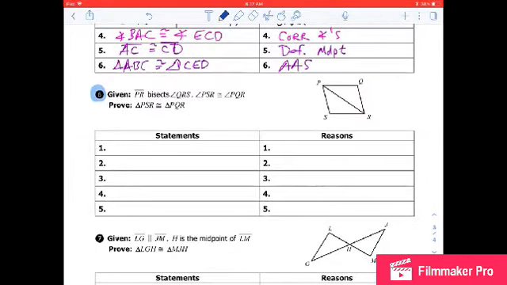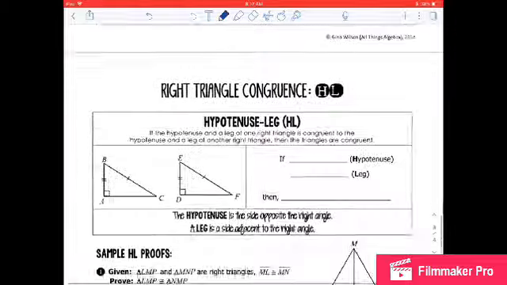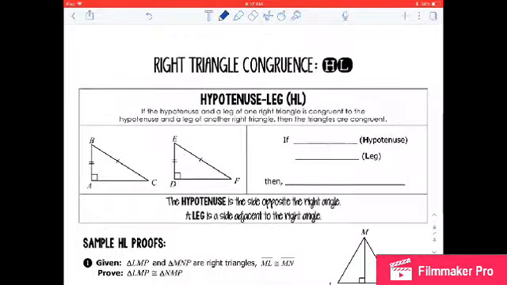And then we're going to look at the last one here, which is right triangle congruence, hypotenuse leg. So hypotenuse leg is used in right triangles only because the hypotenuse is the one opposite of the right angle. Okay, so this is the only time we can have angle, side, side, because we don't cuss in math class, so we don't write ASS. So what we do is say we've got a right angle and we've got hypotenuse and leg congruent, the leg being one of the sides.